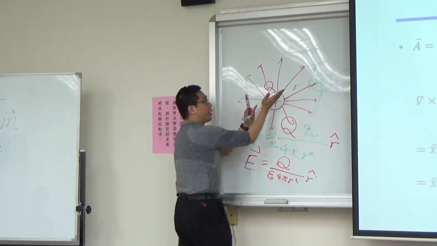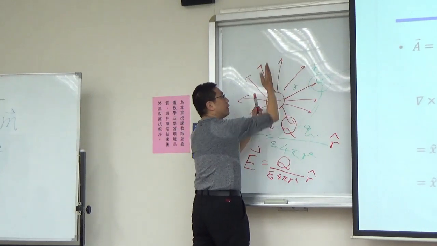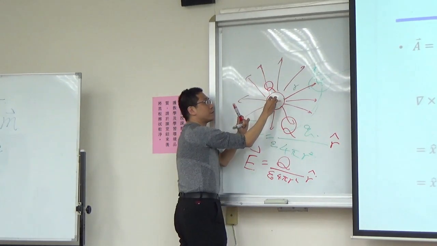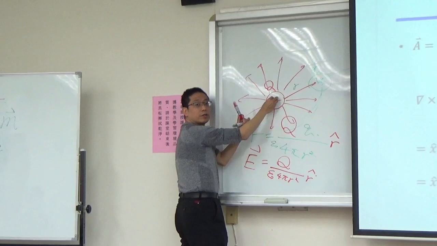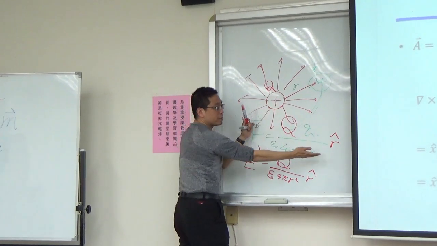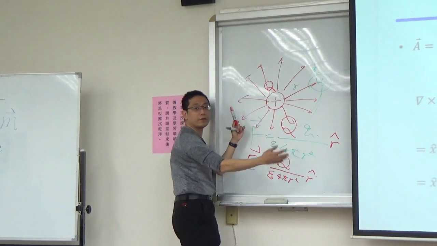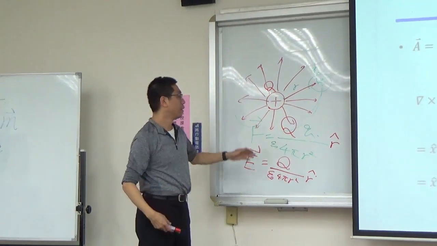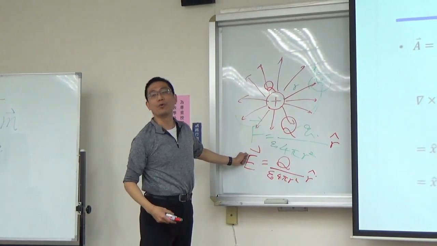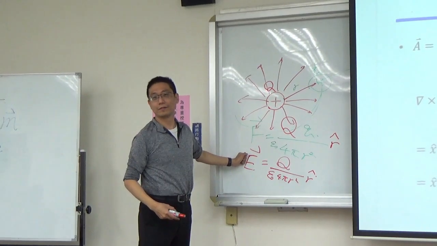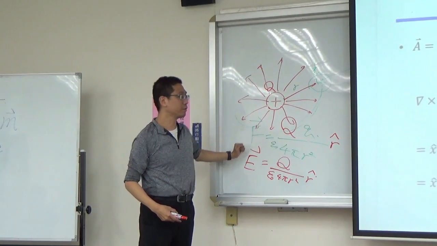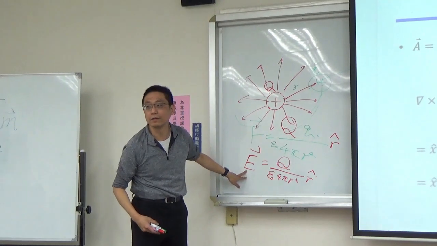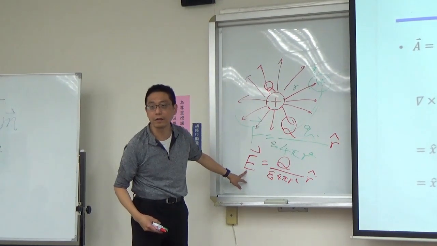R is the direction outside the charge. Okay? This is not XYZ. You can define the R. This is the original theory about the electrical field. Understand?